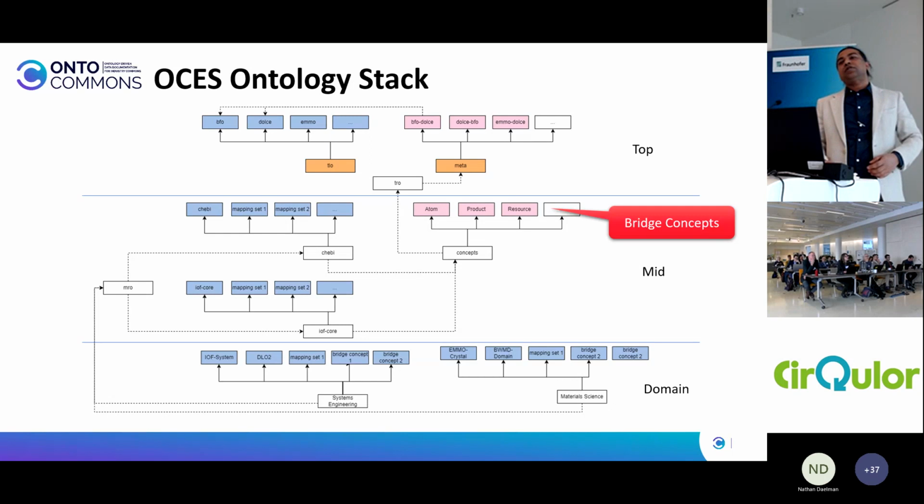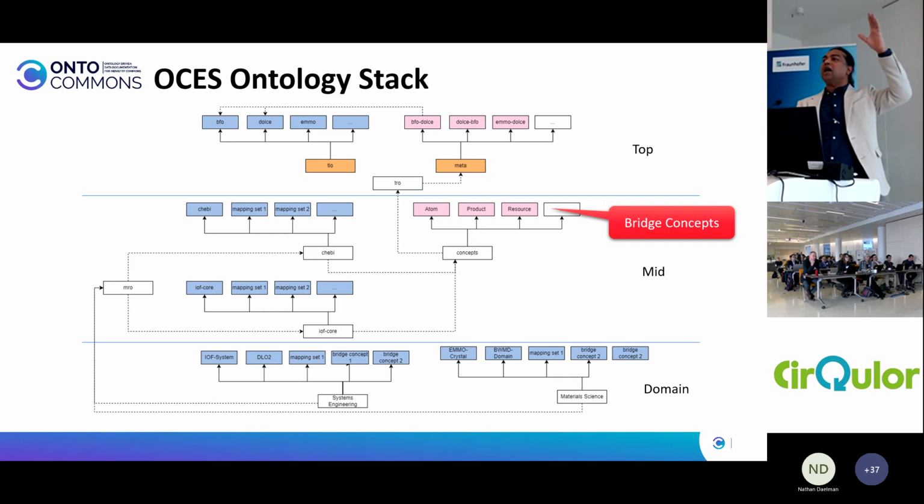So if you use an ontology in your domain application, for example, say you want to use it for your crystallographic application in some simulation, maybe you can use EMMO crystal. You can find that this import stack of ontologies will go until it reaches some of the top level ontologies.